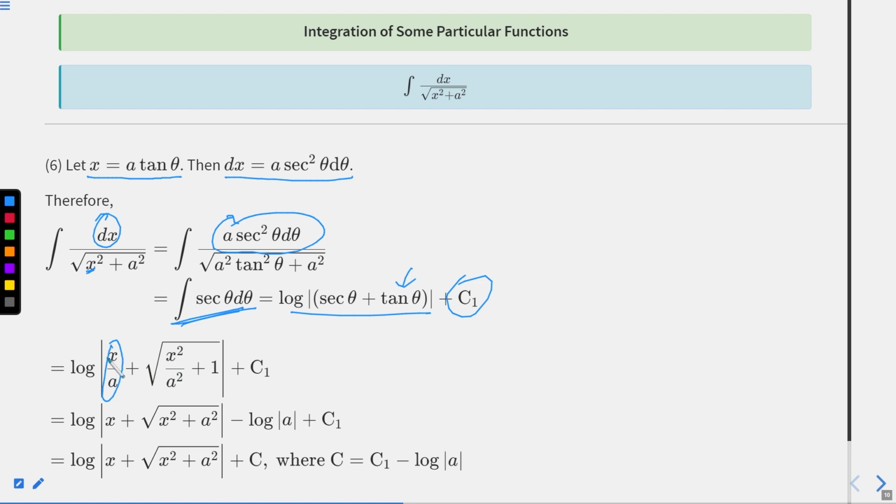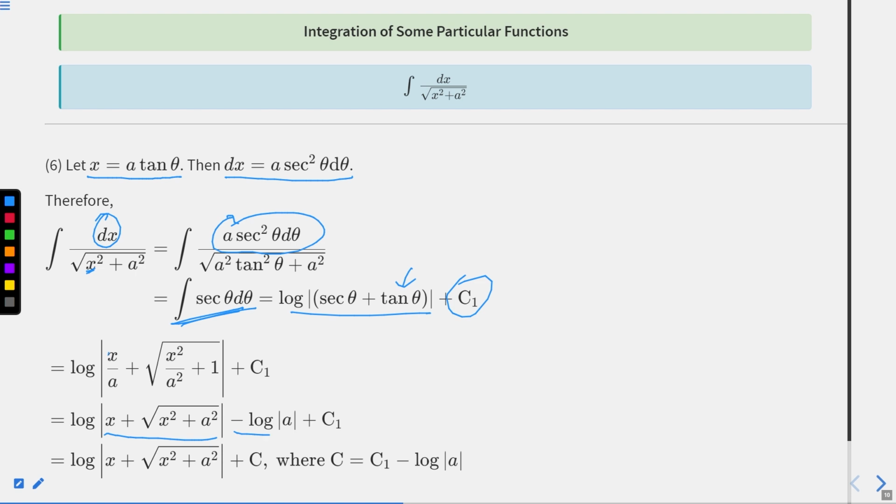Now simplified, you will have log of some numerator divided by some denominator, and you can break that using the property log of numerator minus log of denominator. Let's see what will be in our numerator and denominator. In the numerator you will have x plus root of x square plus a square, and in the denominator you will have a.